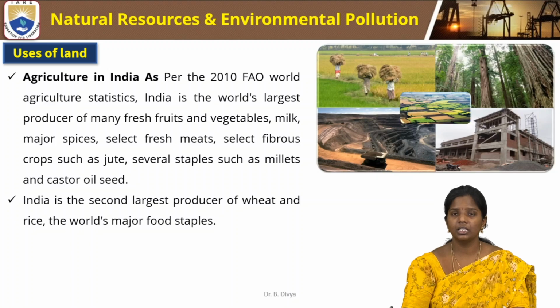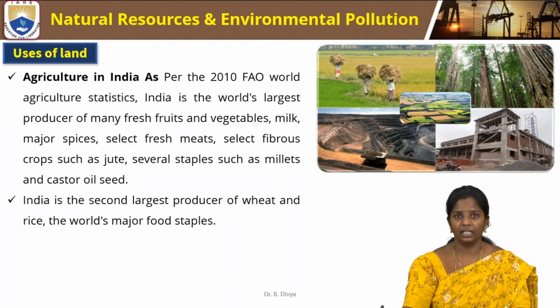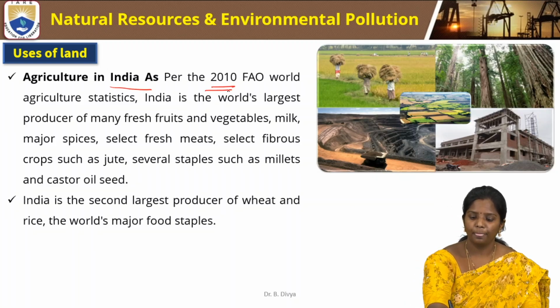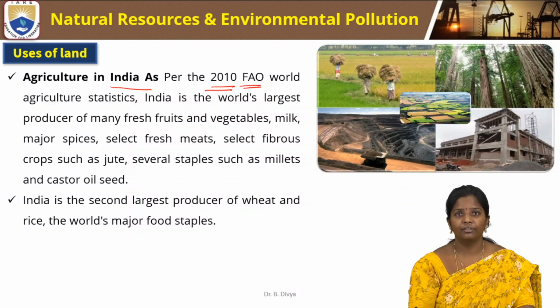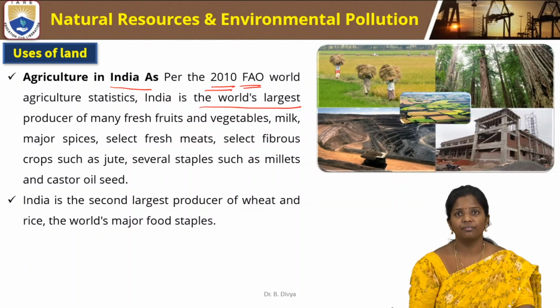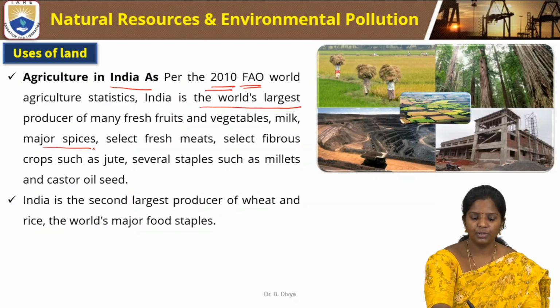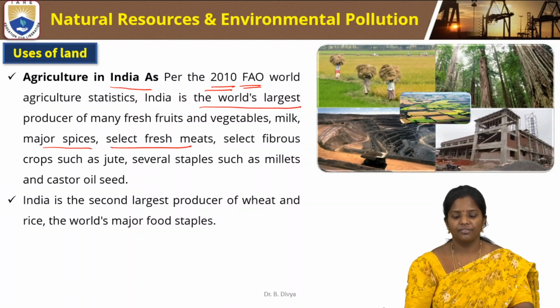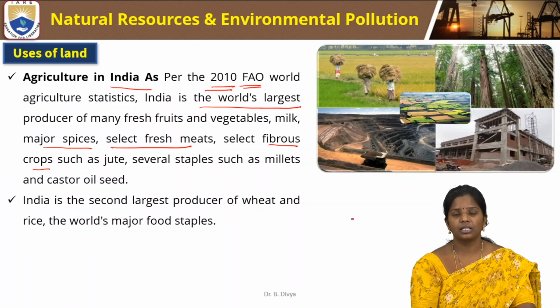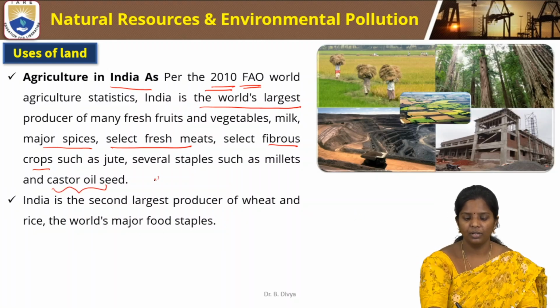So how we are using this land in different forms. For example, the largest area is used for agriculture. So we know that agriculture gives us staple food. Agriculture in India as per 2010, as per FAO World Agriculture Statistics, shows that India is the largest producer of many fruits and fresh fruits and vegetables, milk, major spices, select fresh meats and fibrous crops such as jute, and several staples such as millets and castor oil seed come from agriculture.